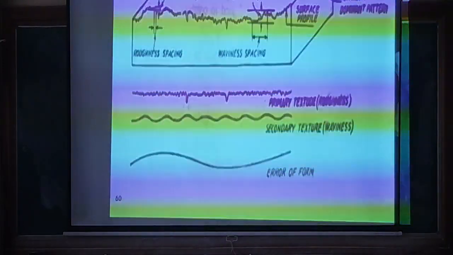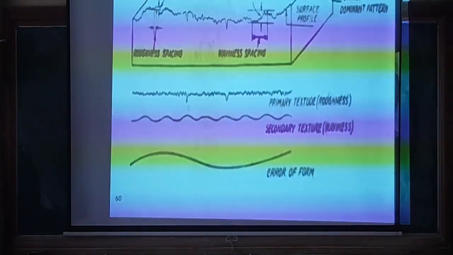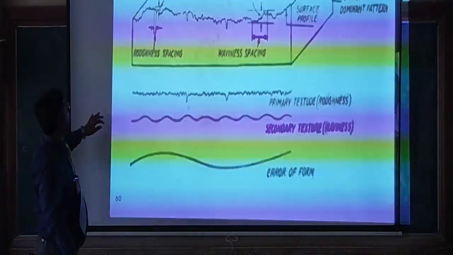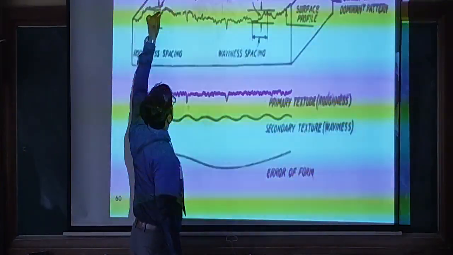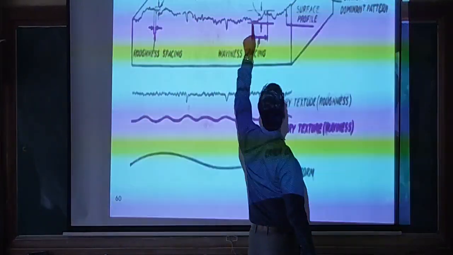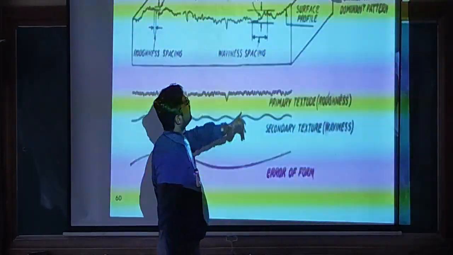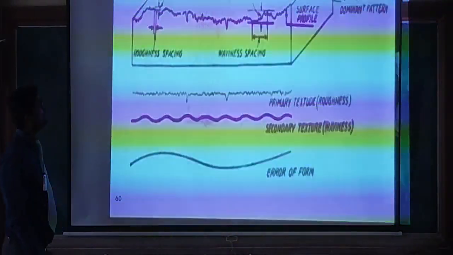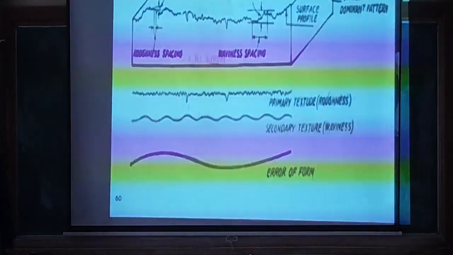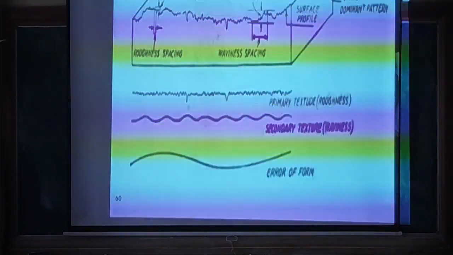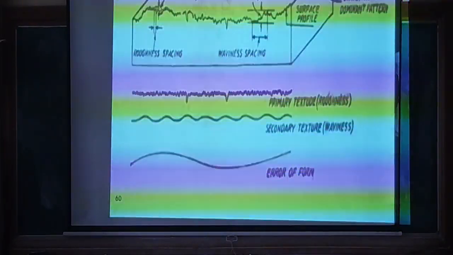So this is the drawing: primary texture roughness, secondary texture waviness. If you see this primary texture, this is the roughness, and here the bottom point and the topmost point of that particular hill and valley is called the waviness. Primary texture is your roughness, that is from the hill to this distance, from here to here.